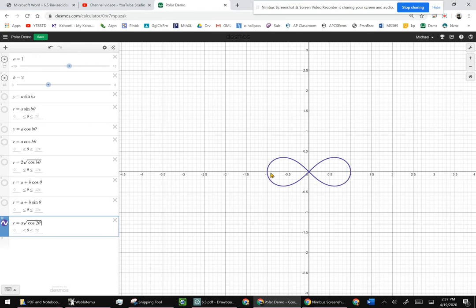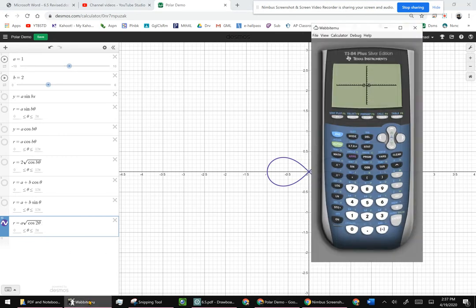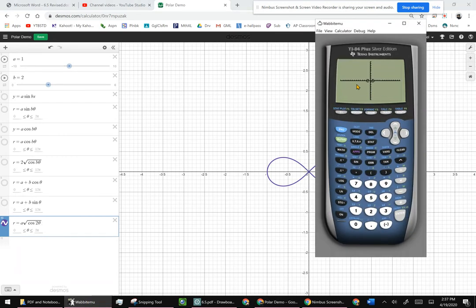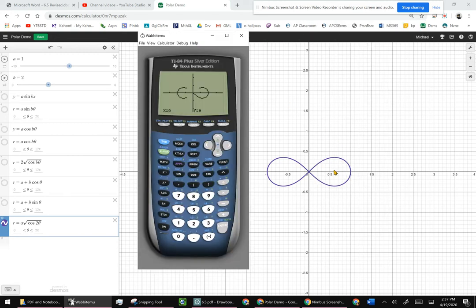But I want to show you some graphical things too, to figure out how it looks on your graphing calculator, because if you put it in your graphing calculator, it's going to end up looking like this. Notice your graphing calculator has a missing chunk here, and the reason why is, if you think about it, if I'm going from 0 to 90, the radius has to pull in, right? But look at how drastically quickly it pulls into 0.